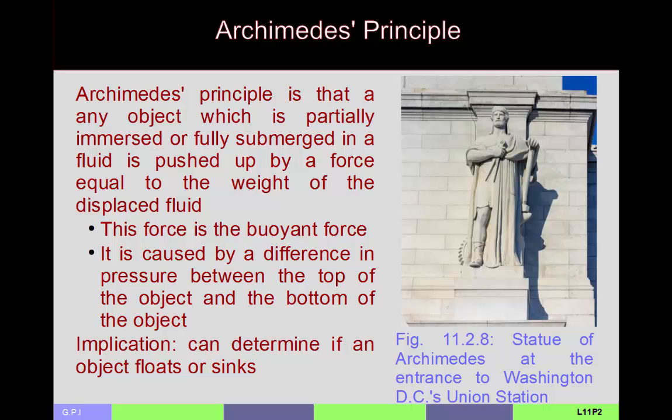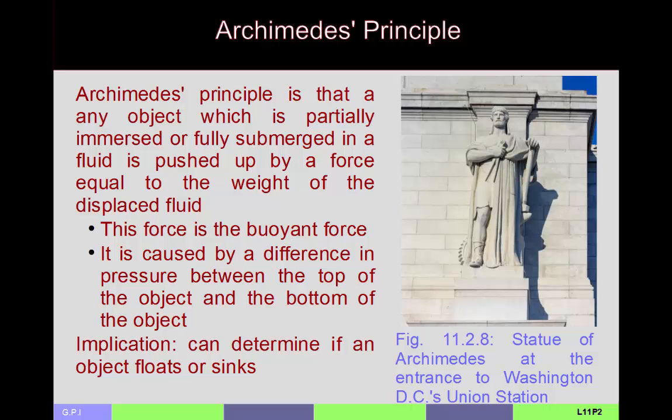All right, so this brings us to Archimedes' Principle. What Archimedes' Principle states is that if you submerge an object in a fluid, be it totally or partially immersed, it's going to displace some fluid.